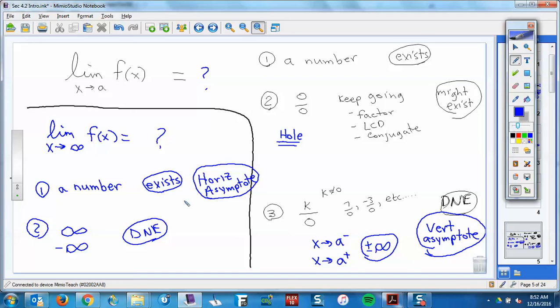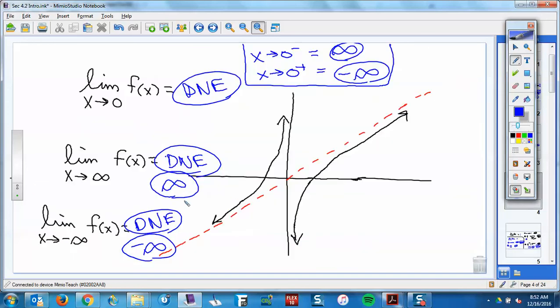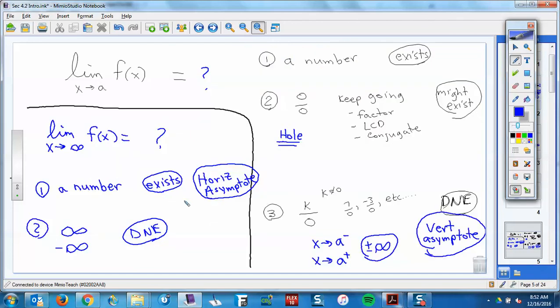All right, the new thing now over here is when we do the limit as x approaches infinity. Well, one of two things is going to happen. And again, these are horizontal asymptotes we're talking about now. So x approaches infinity, x gets really big, way out to the right or the left, either way. You're either going to get a number, which means a limit exists and it's a horizontal asymptote, or it doesn't exist, like this one, and you got infinity or negative infinity.